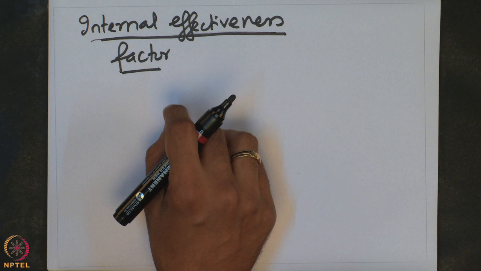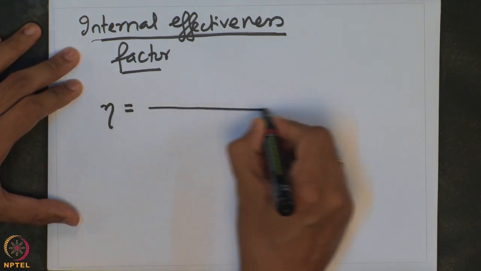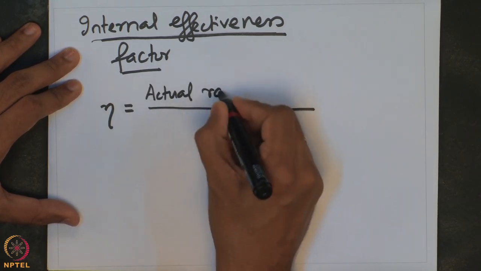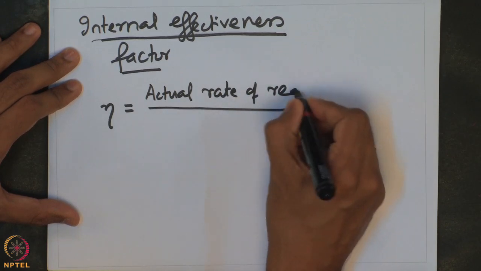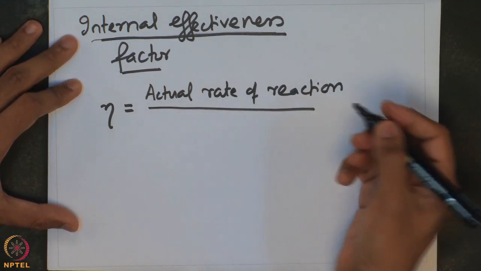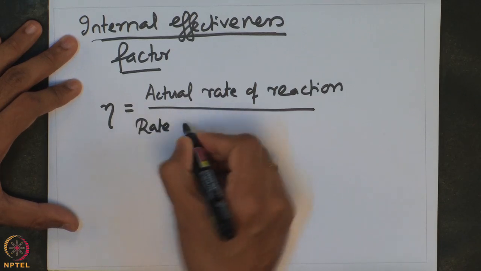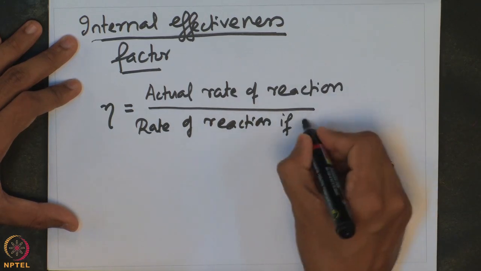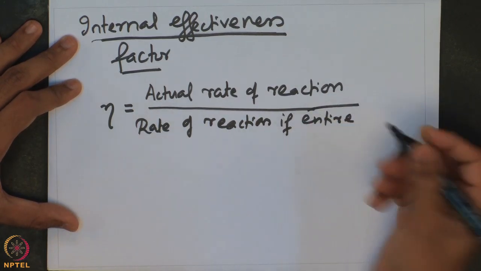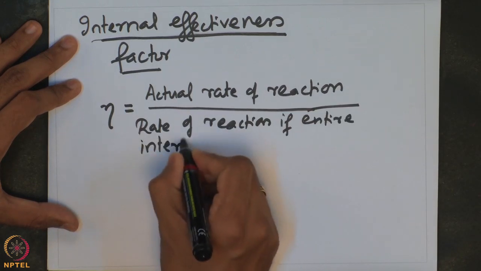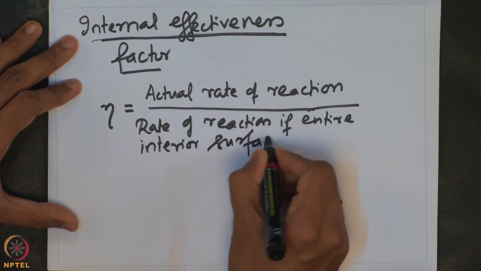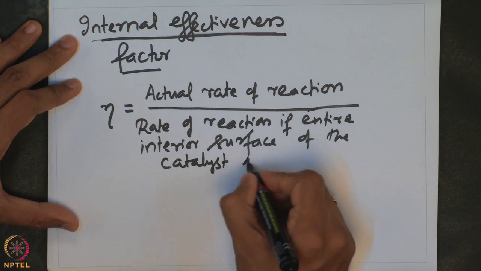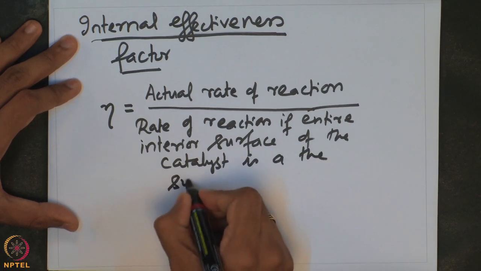Typically the symbol that is used is eta, and this is defined as the ratio of actual rate of reaction divided by the rate of reaction if the entire interior surface of the catalyst is at the surface conditions.